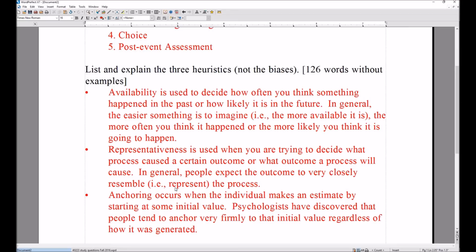Okay, representativeness. Now, I already told you this one too. The general rule is that people expect causation where chance may be dominant, all right? The idea being that let's say somebody told you they tossed a coin 10 times and they had 7 heads and 3 tails.